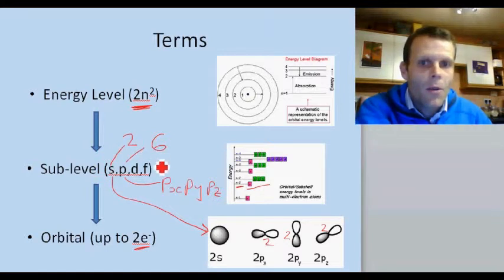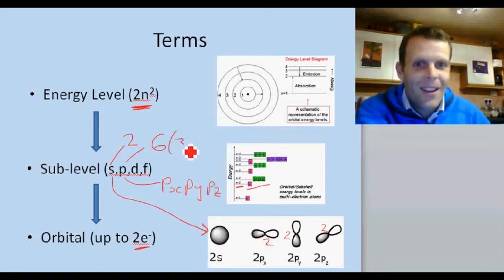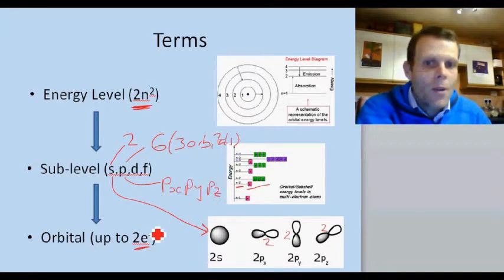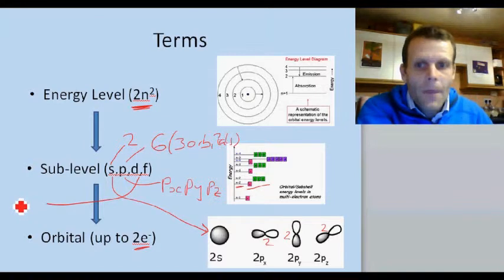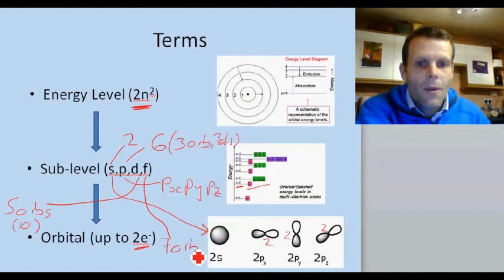A p has 3 orbitals, and because each orbital can hold 2 electrons, I can get 6 in my p shell. D, there are 5 orbitals, so I can get 10 in there. And with my f, there are 7 orbitals, so I can fit 14 in there.